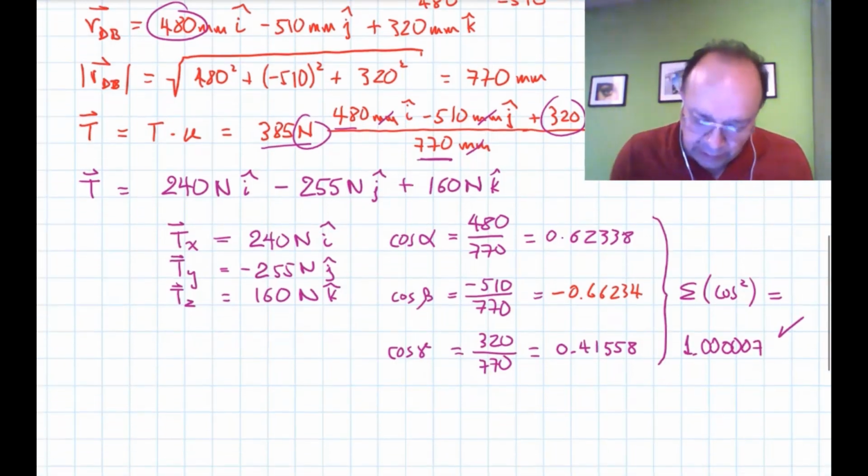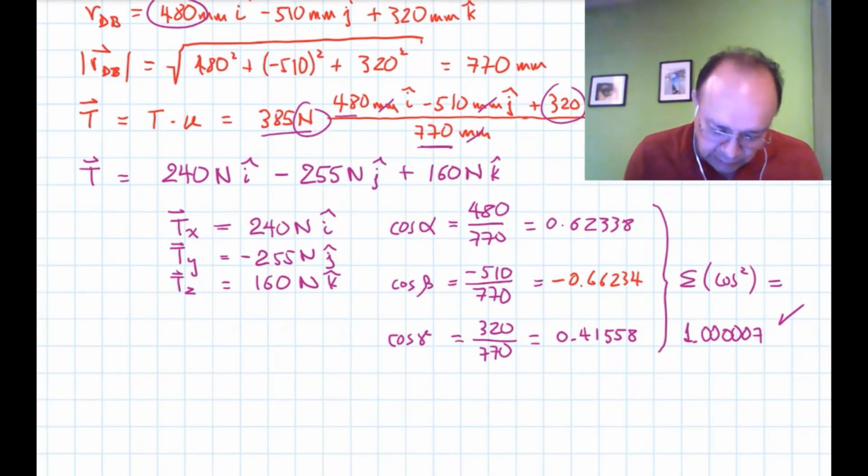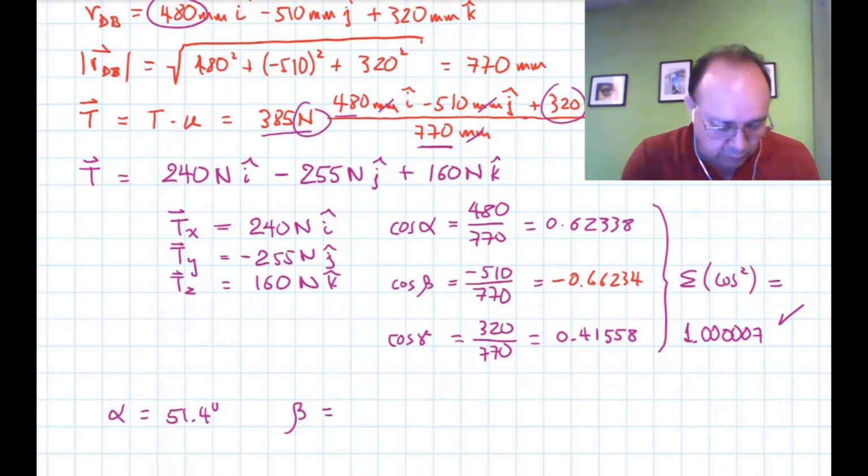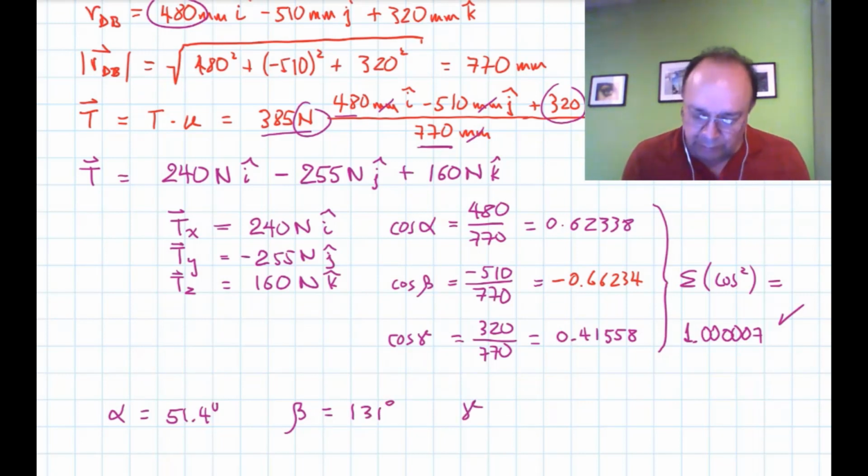Now, if we want to get the angles, we just take the arc cosine of those values. Alpha will be the arc cosine of 0.62338, 51.4 degrees. Beta will be the arc cosine of minus 0.66234, which equals 131 degrees. Be very careful with the minus sign here, okay?